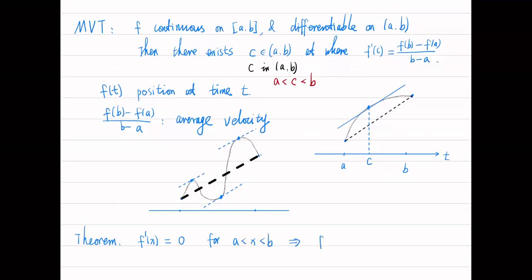What can you say about this function, if the derivative is 0 everywhere? Okay, Sophia, what do you say? It's a horizontal line. So the graph of this function must be a horizontal line, or we say it's a constant function.